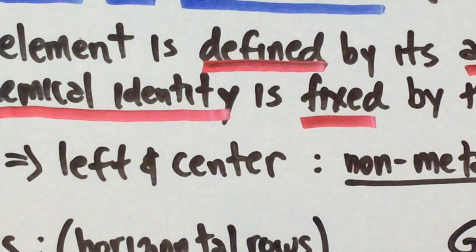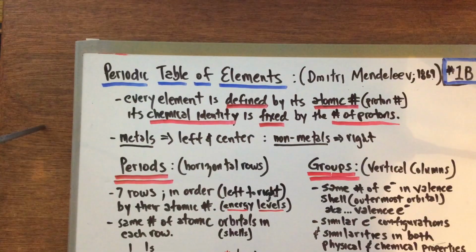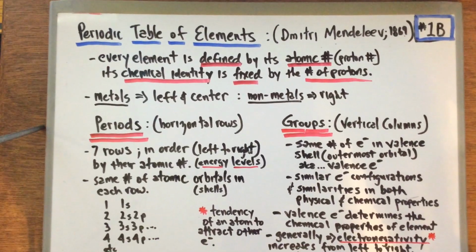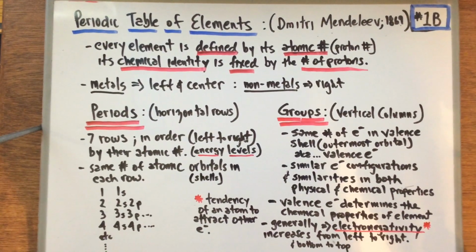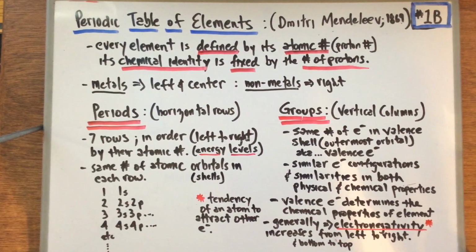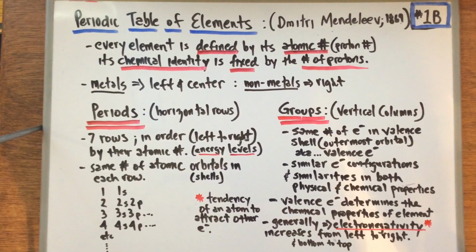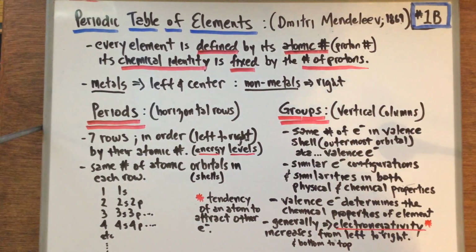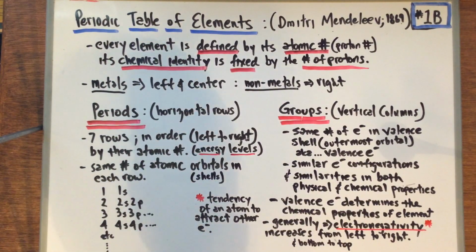So make sure I get this all lined up and go back to full frame view here. And let me get this lined up as best I can. All right, I think I got it all in there. Okay. Stop the wobbling. Okay, so this is going to be our discussion regarding the periodic table of elements.